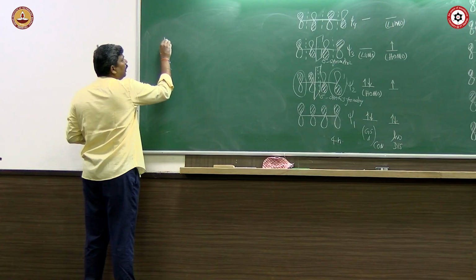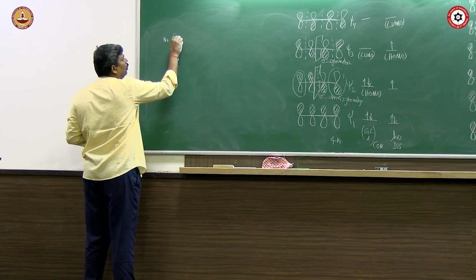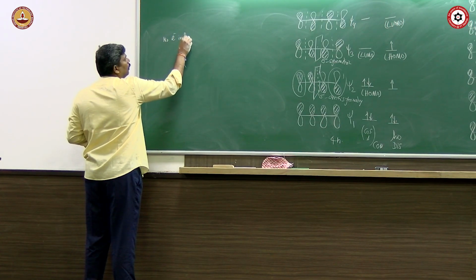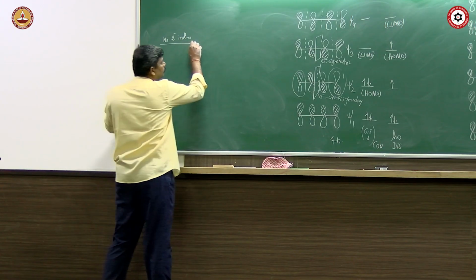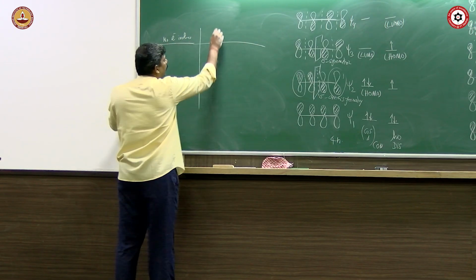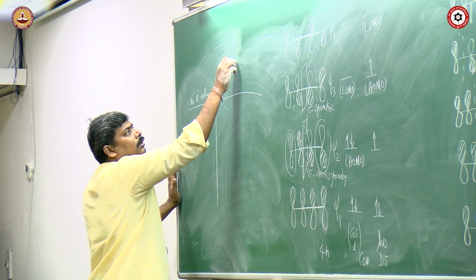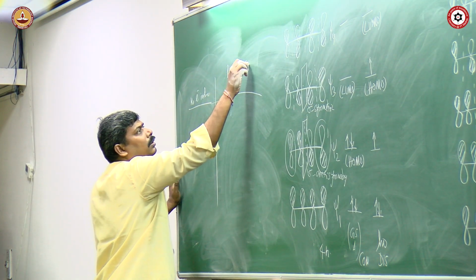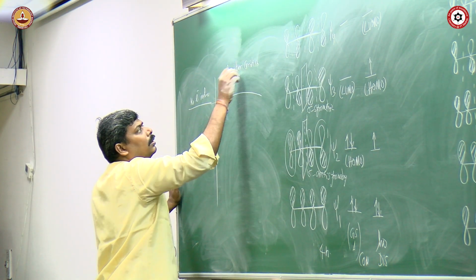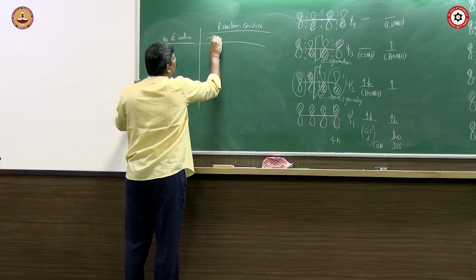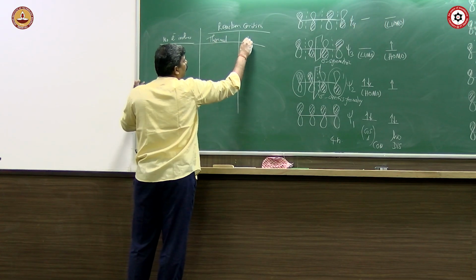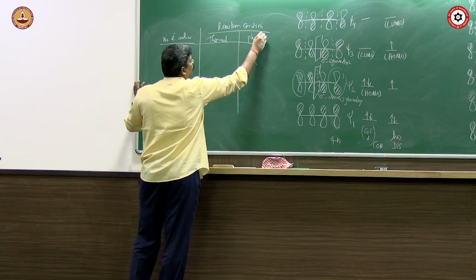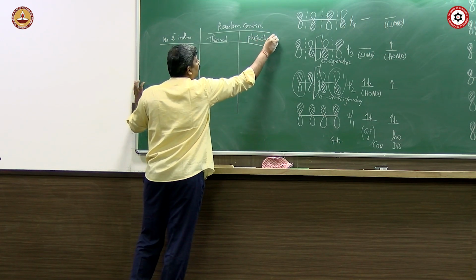So, you say the number of electrons involved, okay, that is one side, versus the reaction condition, which is thermal or photochemical.